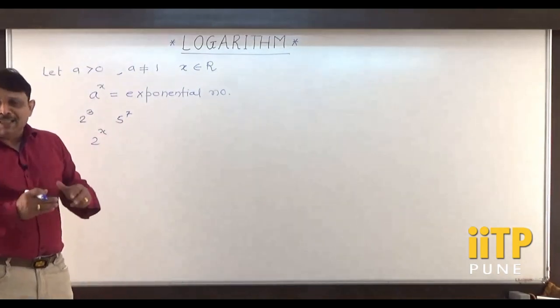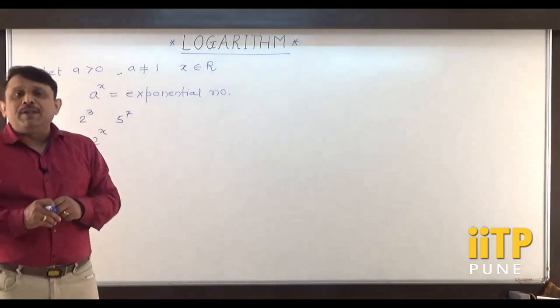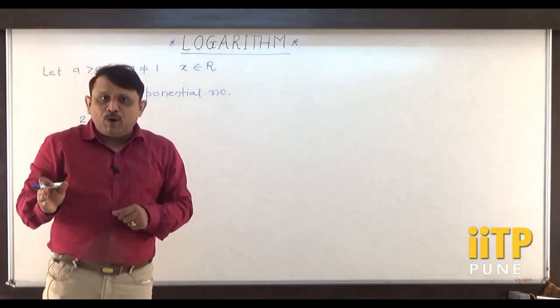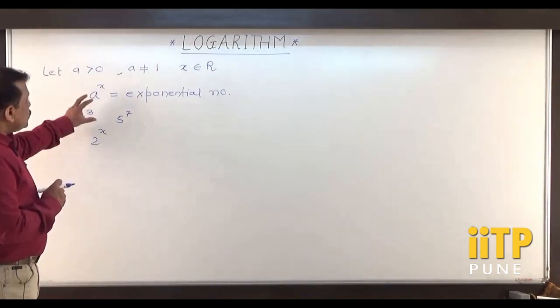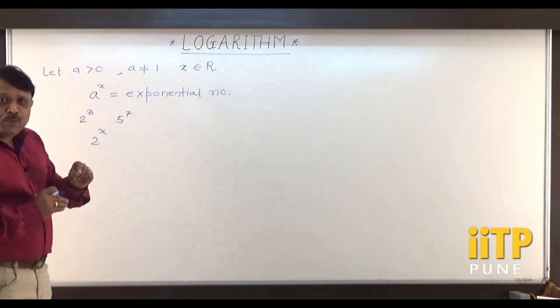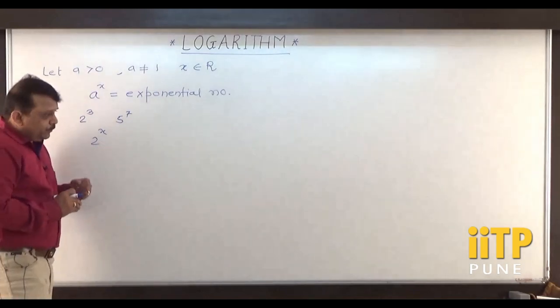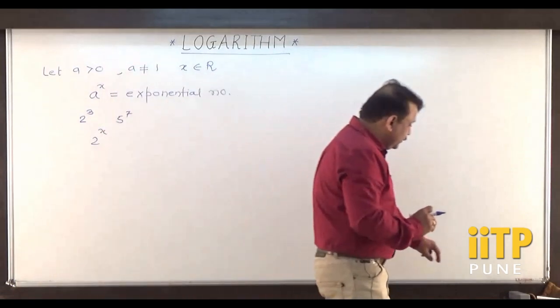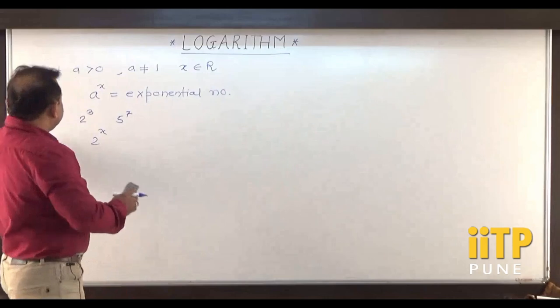So I am not getting anything other than 1. So that's why the restriction is kept on a, that it is not equal to what? 1. So this is what is an exponential number, or this is what? Exponential function. Now from this definition, we will try to define what is a logarithm.